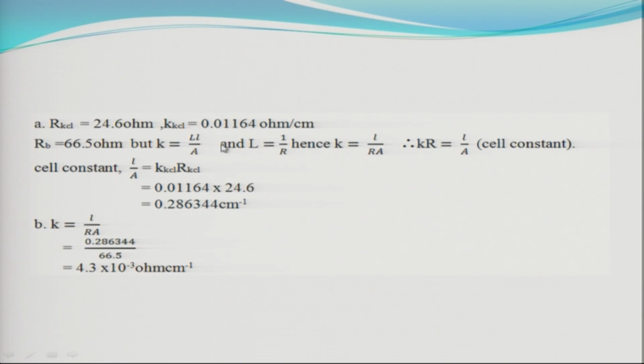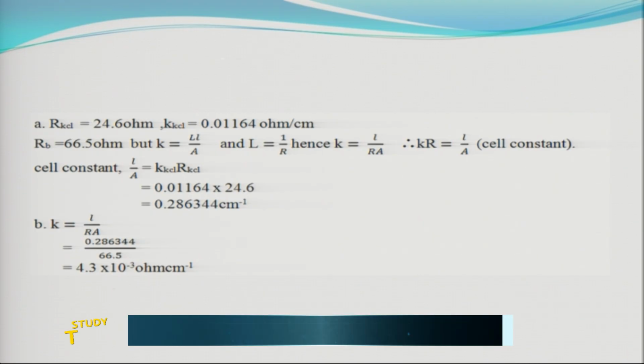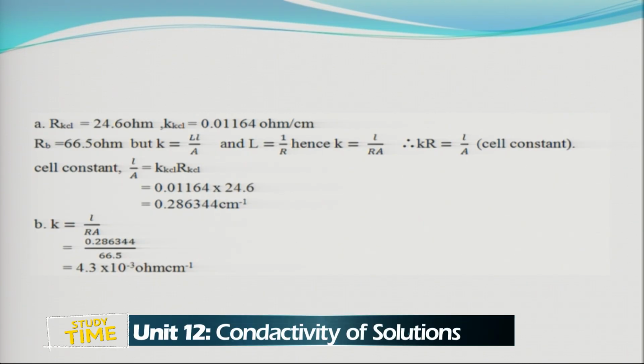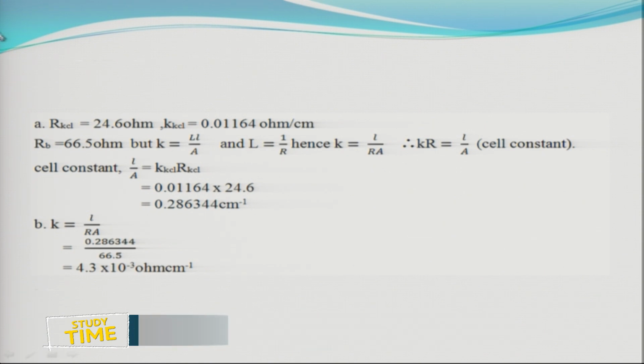Then we have L, our G. We can use L or G. G is equal to 1 over R, but K. So from there, we can say that Kr is our cell constant. Using the data of only the potassium chloride, that is conductivity and the resistance, we can get our cell what?